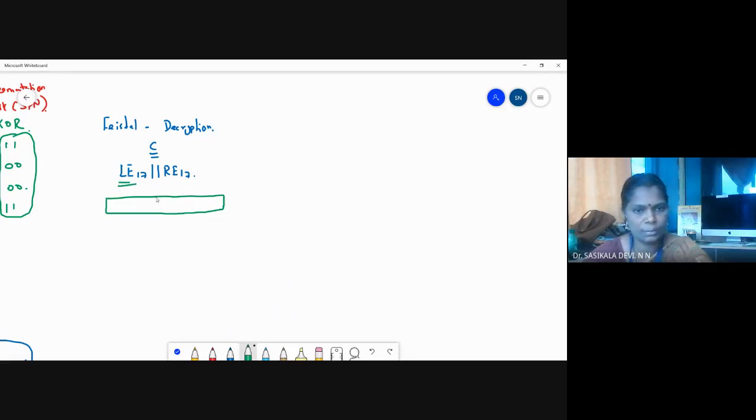The left side part, let it be LD0, left side of decryption, round 0. And this part I'm going to name RD0. Both are the same: LD0 is equal to RE70, and RD0 is equal to LE70. So this remains the same, but with a different naming.